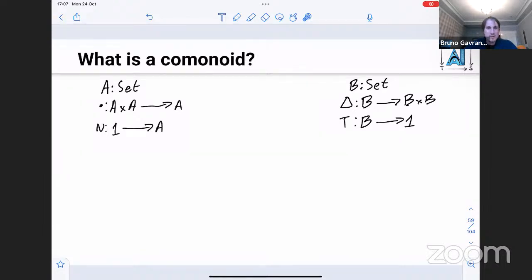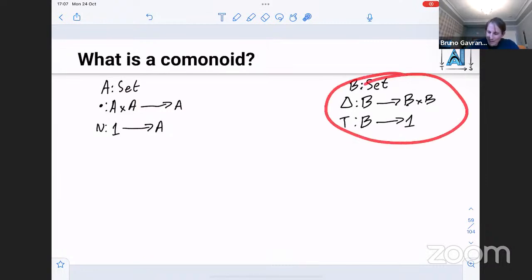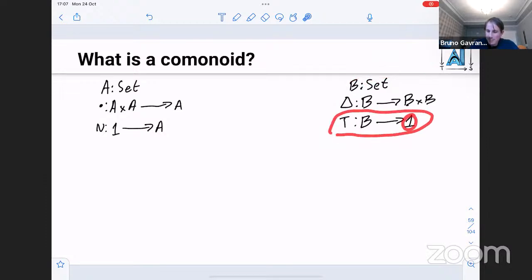What is an example of a comonoid? What does this mean? Well, if we're in Set, really our hands are tied because remember, in Set, any map into the terminal object is uniquely determined. What this means is that it takes any element of B and just ignores it, maps it to the unique element of 1. It forgets information.